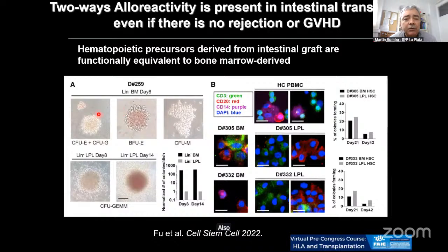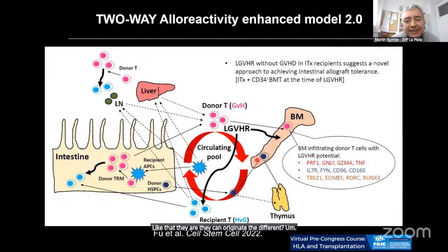Also, they show that these different lineages are originated by hematopoietic precursors that are present either in the intestine or in the liver of the graft that they use, and that these precursors are functionally equivalent to the bone marrow derived ones, like they can originate the different lineages.